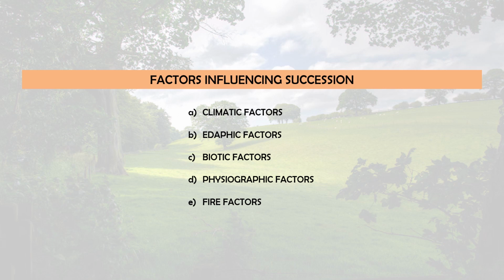So one by one we will discuss here. Climatic factors are the major factors which affect the successional development of a vegetation community, and these factors are mainly temperature, sunlight, moisture, humidity.